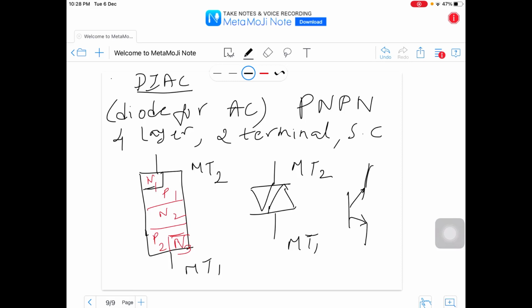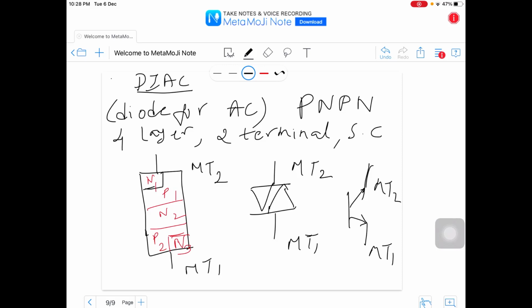So this is MT2 and this is MT1. The diode for alternating current will conduct electrical current only after its breakover voltage.